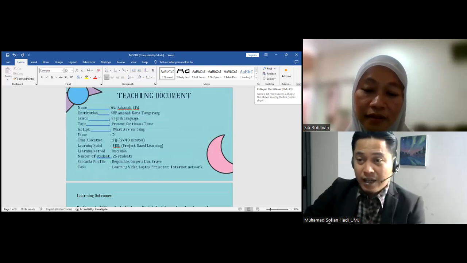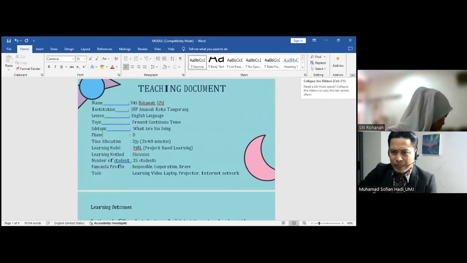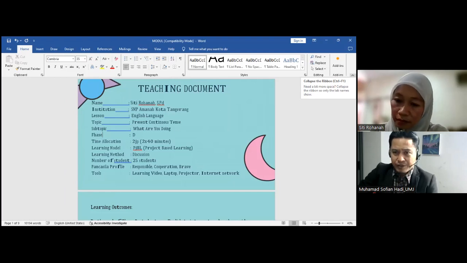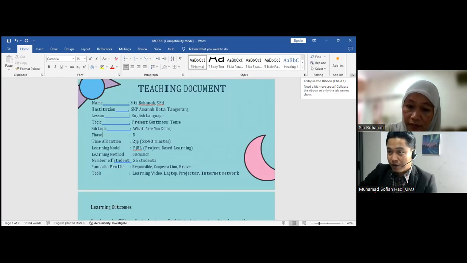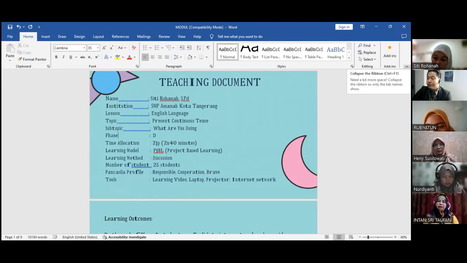And then when I try to read your teaching document, first of all, this teaching document consists of the freedom to learn curriculum, right? So the title for the teaching document should be learning module, for schools that already use the freedom to learn curriculum.